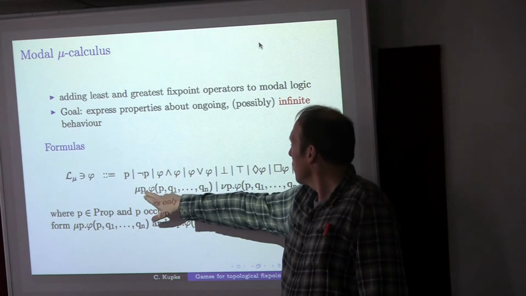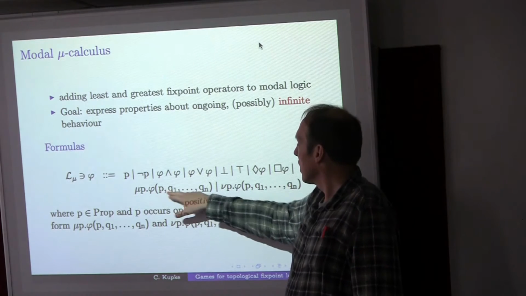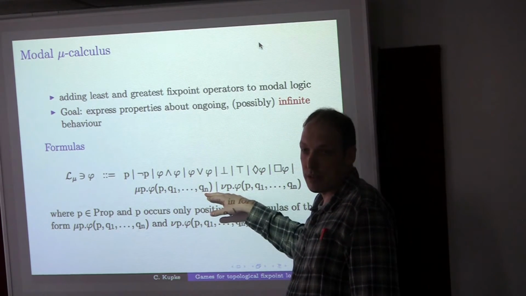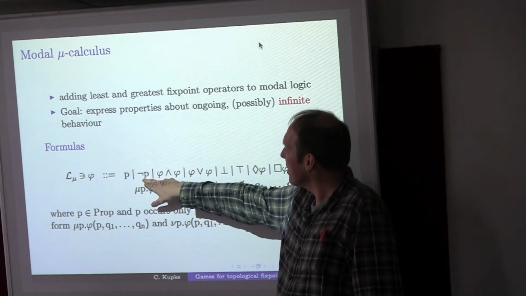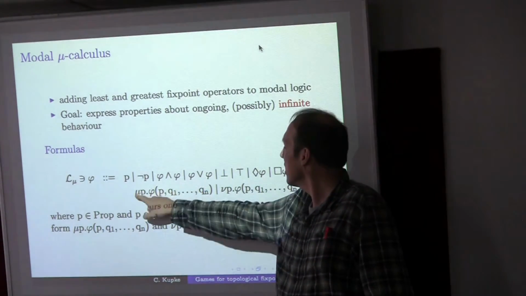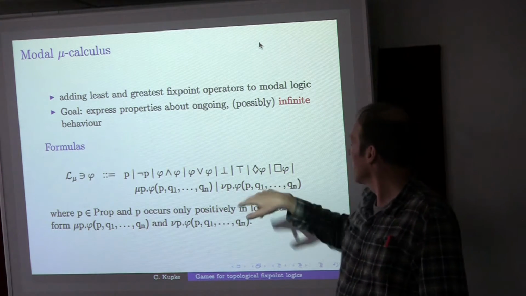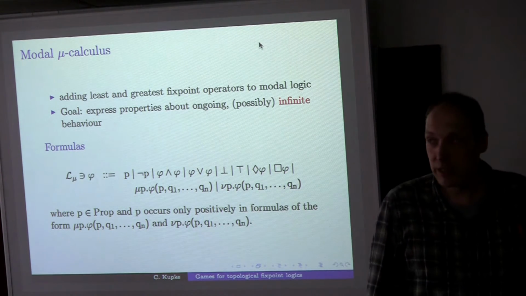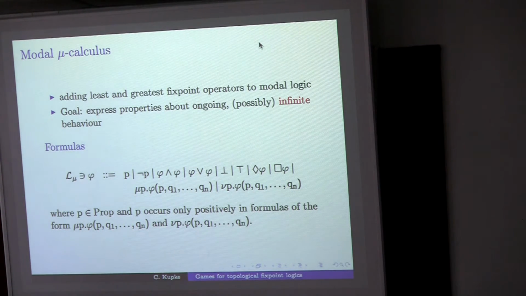The condition is that if you write mu p, the p only occurs positively, without negation in front. You see, I pushed the negations already to the propositional level, and then the condition is just that p is only allowed to occur under an even number of negations, to be safe.